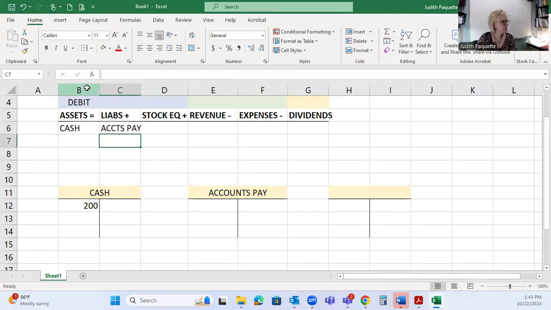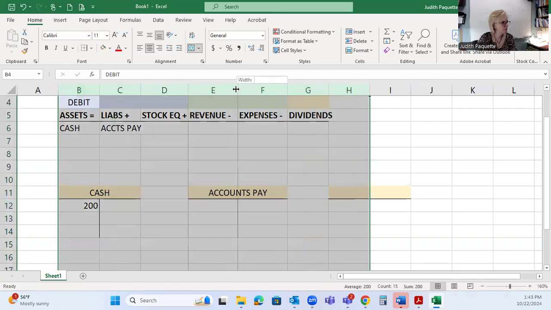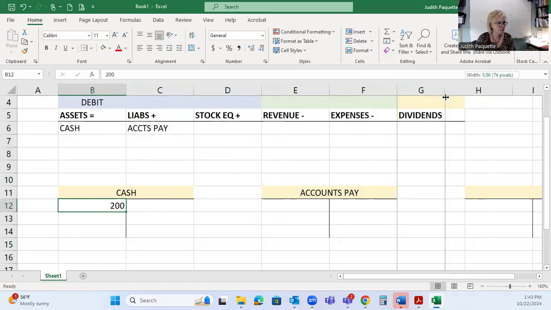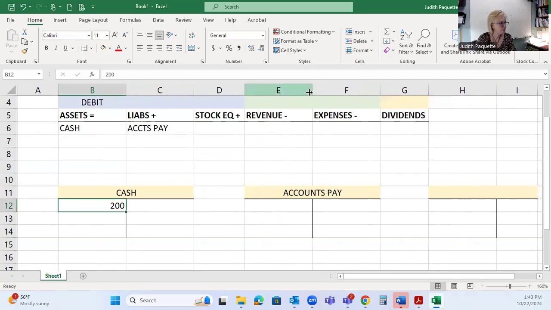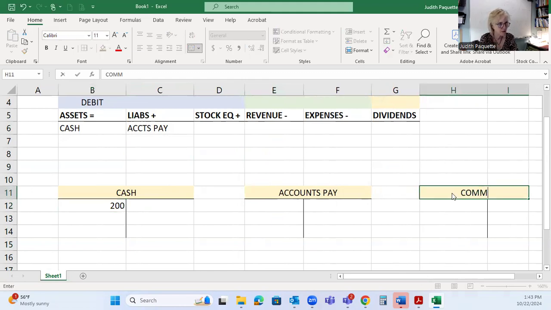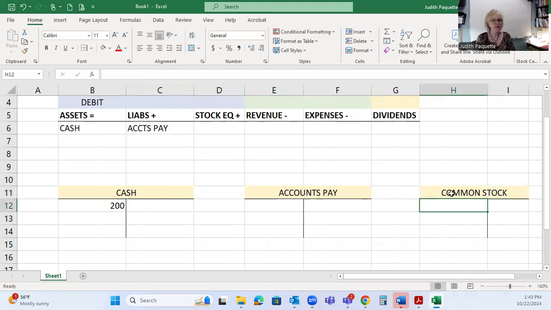Okay, so let's make a third T account over here, and let's make this one common stock. Let's say the stockholders invested $20,000 in a company.